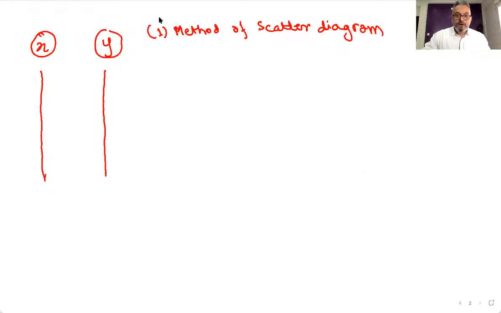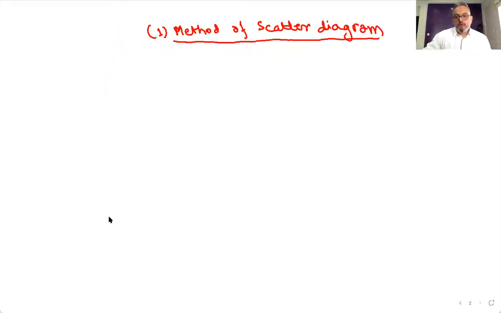For that, we are going to use the first method, the method of scatter diagram. The method of scatter diagram is basically a method where we use graphs.